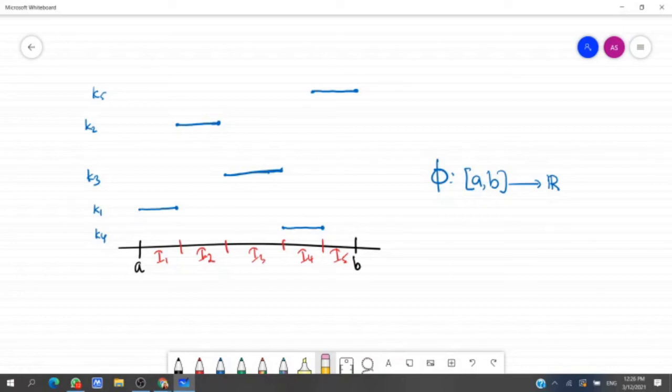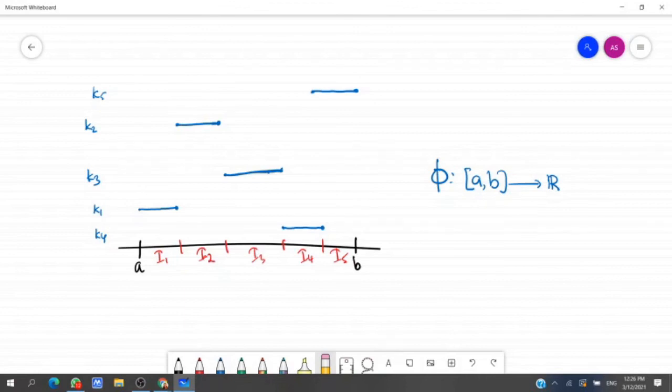Then we consider the restrictions of this function phi onto the subintervals I1, I2, ..., In respectively. Each of these restrictions is a constant function on the respective subinterval, and a constant function defined on a closed and bounded interval is Riemann integrable there.